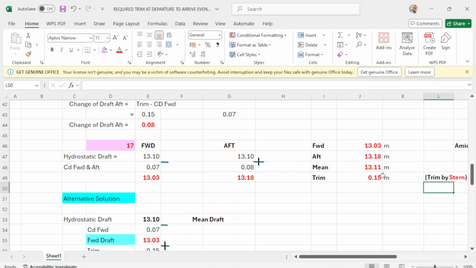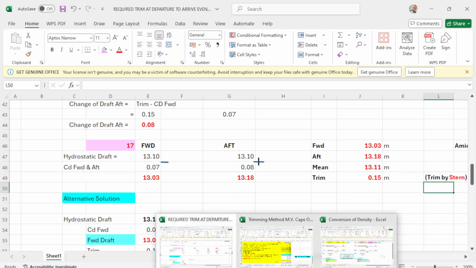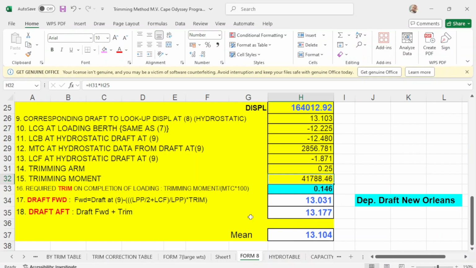Your mean drop is 13.10, and your trim is 0.146.